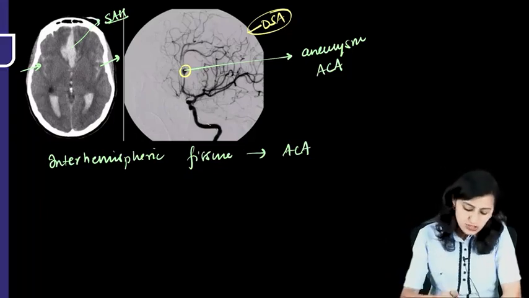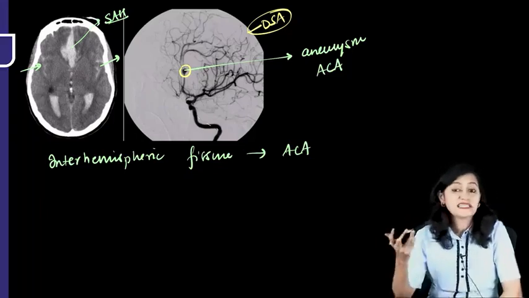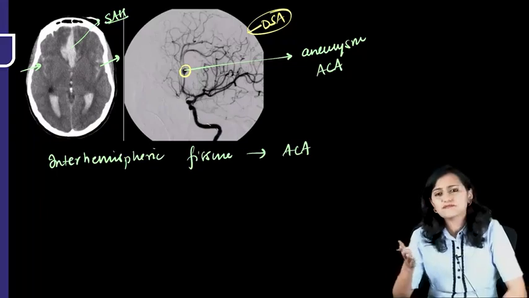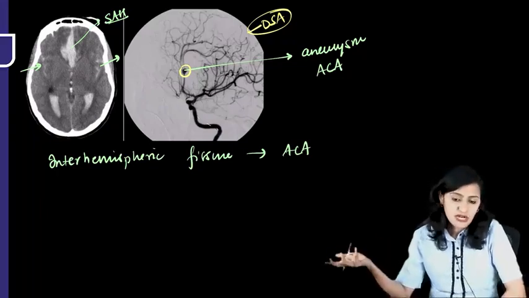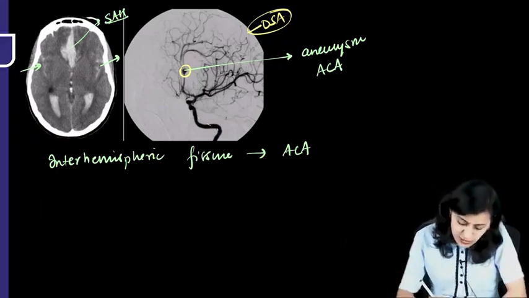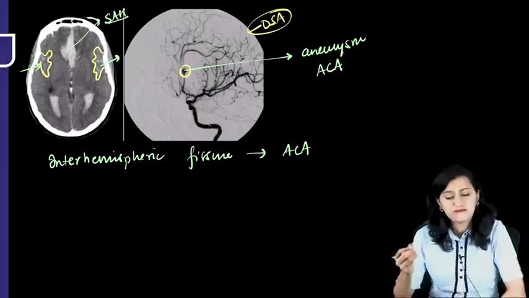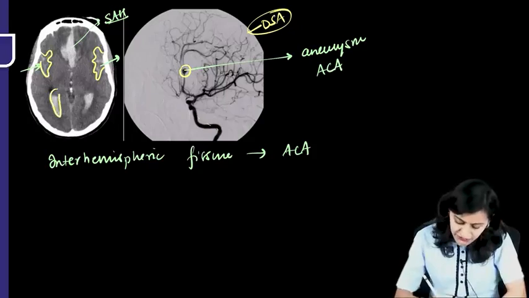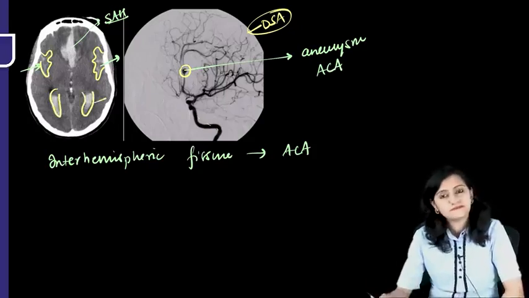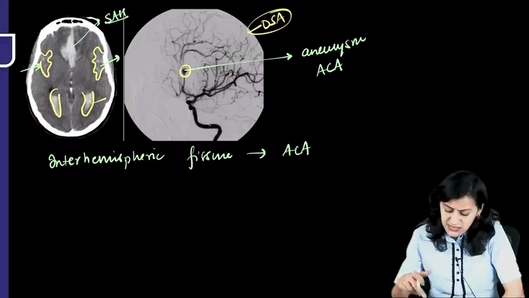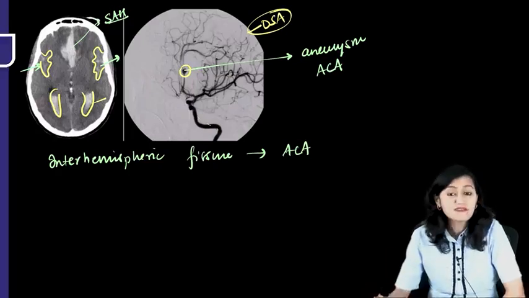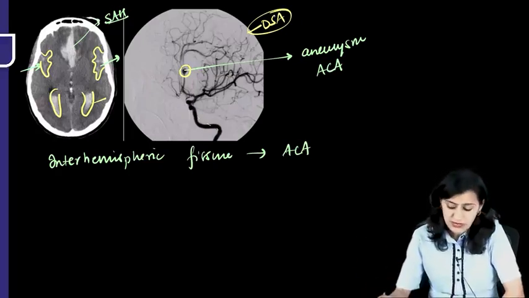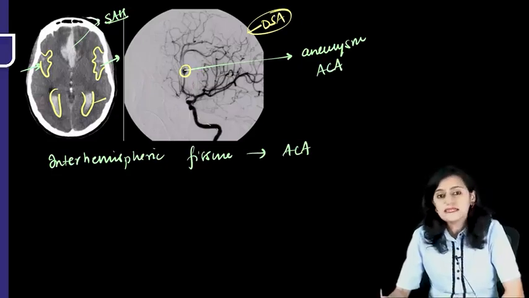The localization of the subarachnoid hemorrhage can tell us which artery aneurysm has most likely ruptured. Also look at the subarachnoid hemorrhage going into these sulcal spaces, the sylvian fissures. It can have intraventricular extension as well, right? So this is an ACA aneurysm with interhemispheric, sylvian fissure and intraventricular bleed.